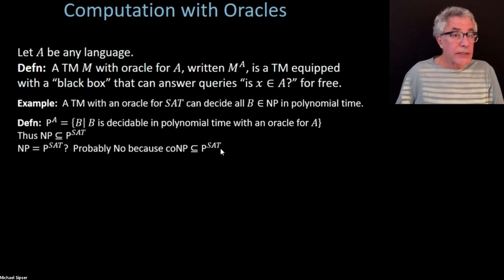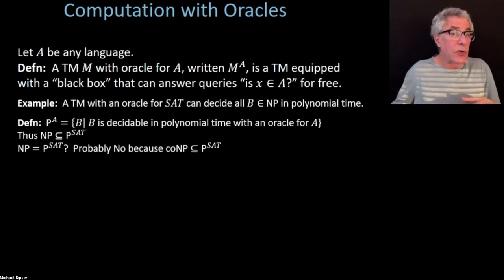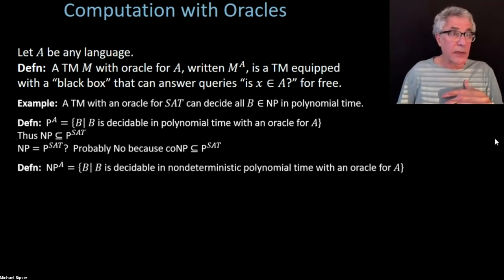Because the SAT oracle answers both yes or no, depending upon the answer. So if the formula is unsatisfiable, the oracle is going to say no, it's not in the language. And so you can do the complement of the SAT problem as well, the unsatisfiability problem. So you can do all of co-NP in the same way.